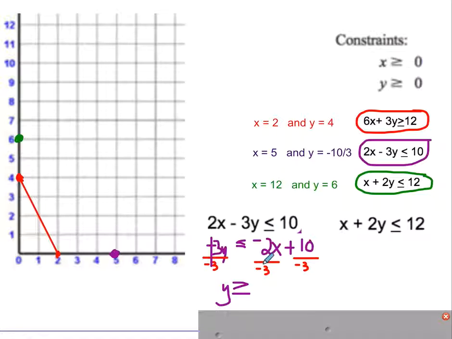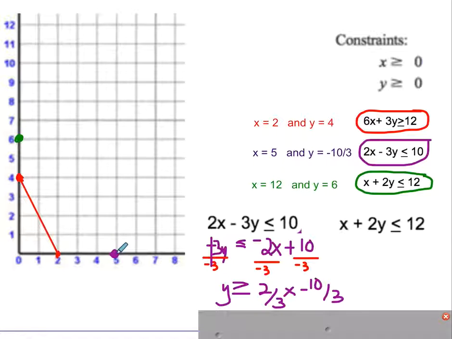These are 2 negatives, which become a positive. So that's 2 divided by 3. And then we have an x. And then 10 divided by negative 3 is negative 3 1/3, but we could just keep it like that. We're not concerned with this number, we're concerned with the slope. So the slope is positive 2 over 3.